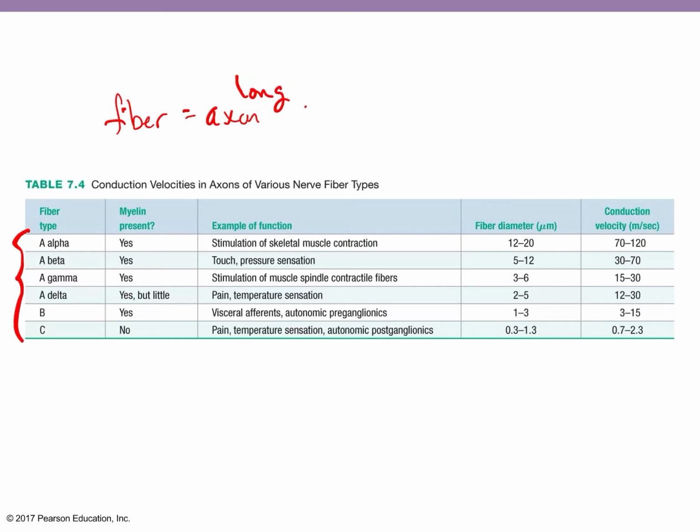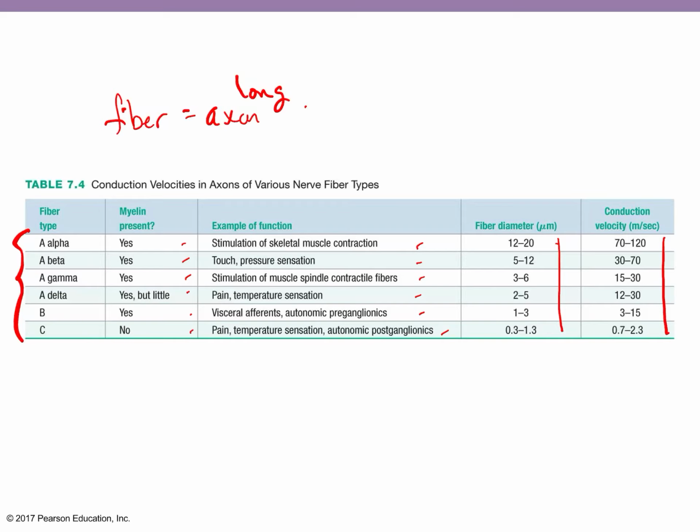There are different morphologies of these long axons. Some of them are myelinated; C fibers are not. They have different functions, and different diameters and conduction velocities.